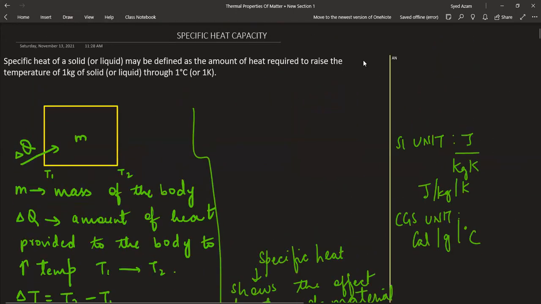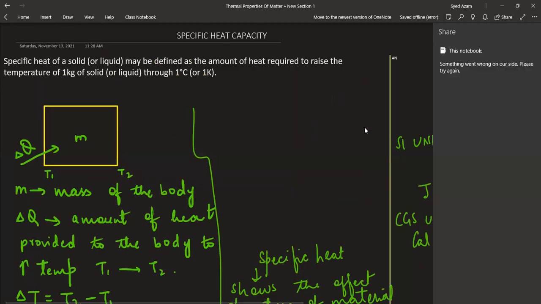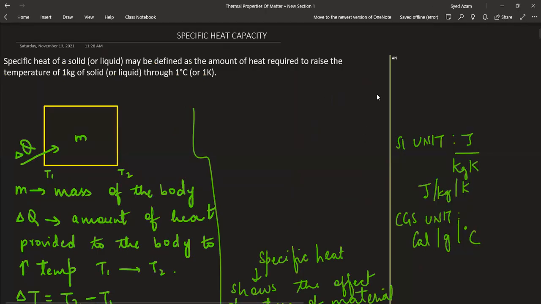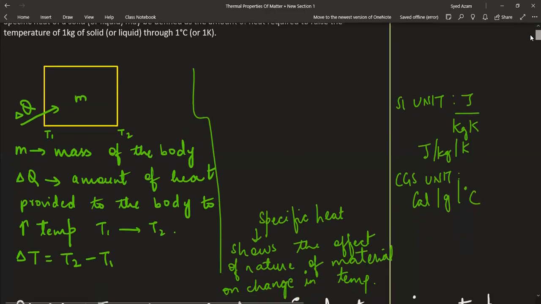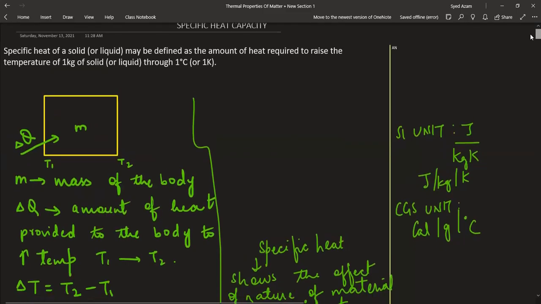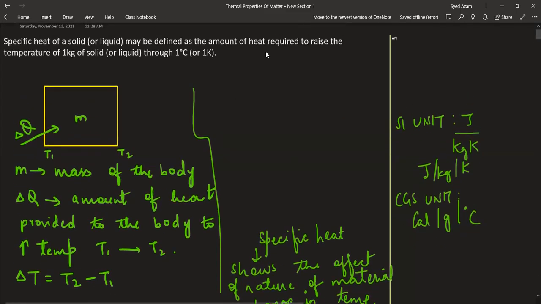I'll try to do one thing, Aleena: I'll try to send you the notes also. I'll not be able to share these from this one, but the other notes are there, other notes are also there. So I'll try to share them with you, so that if the screenshots are there, you have the notes also. But one thing, Aleena, you need to write down everything, right?